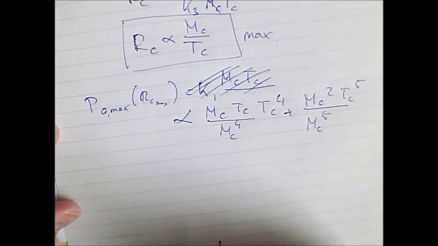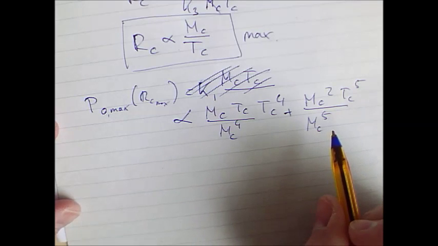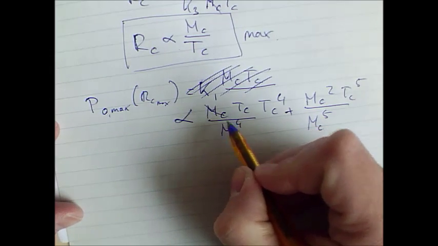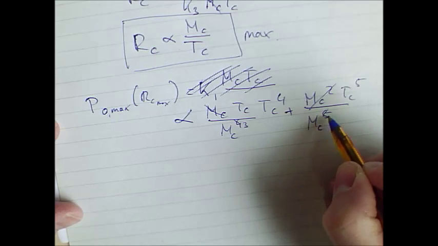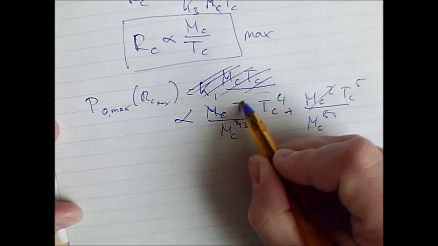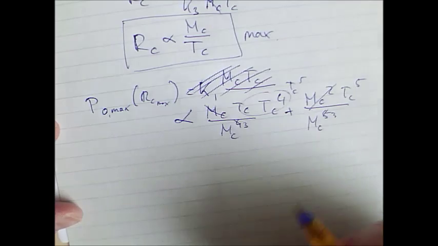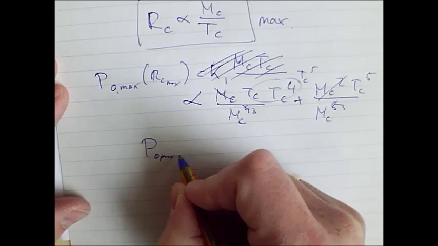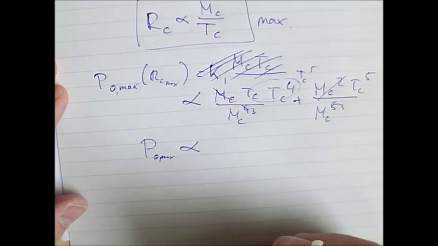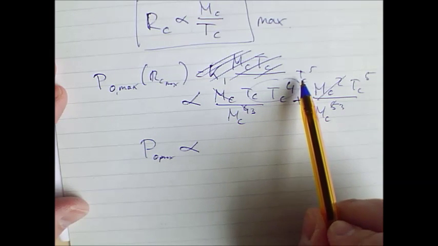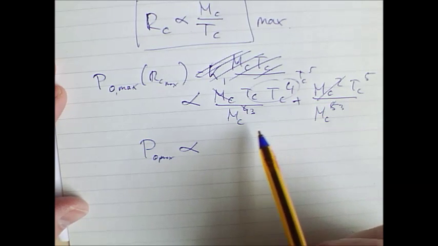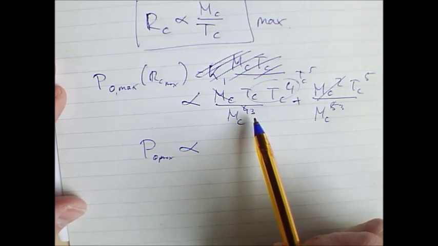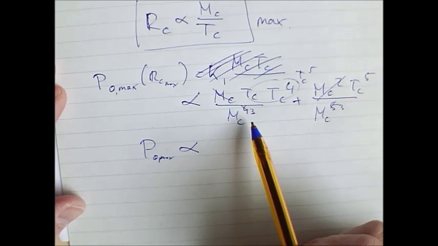What you can now see is that we have some simplifications we can do. MC goes away to the power of 3, here also to the power of 3. This part is all TC to the power of 5, and this entire part, P0 for the maximum, is going to be proportional to TC to the power of 5 over MC to the power of 3, which doesn't look correct initially.